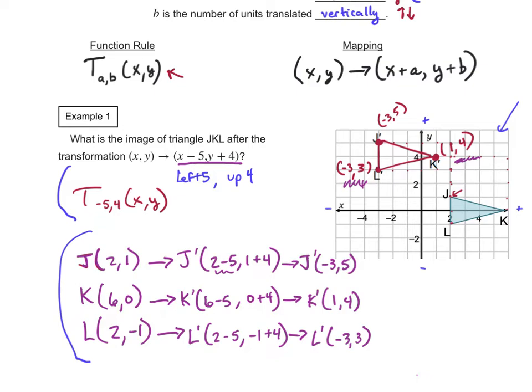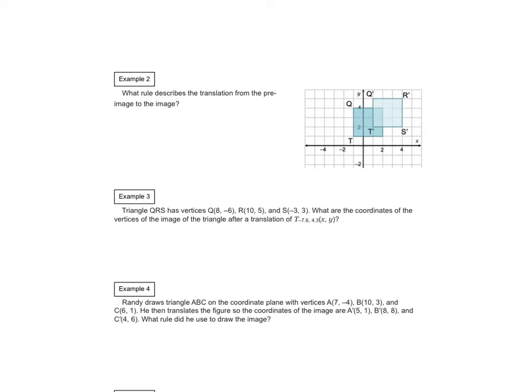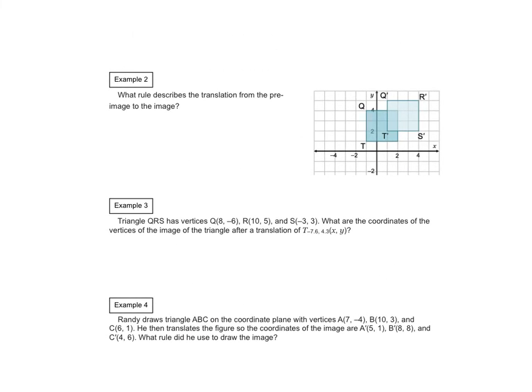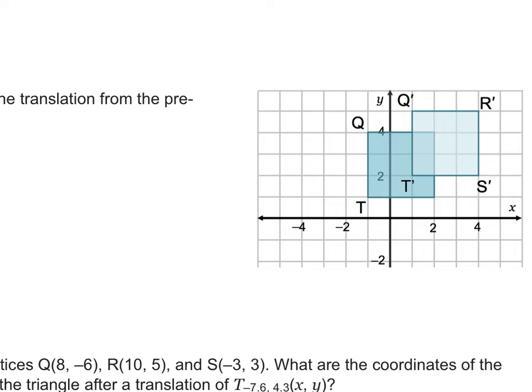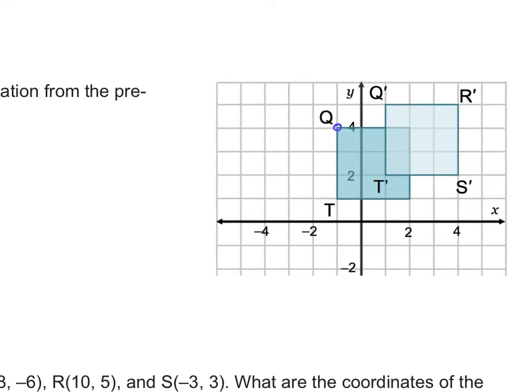So moving on. What rule describes the translation from the pre-image to the image? Now, everything is moved the same amount, so I only need to find one point and I can calculate that. If I look on the graph right here, it looks like we have traveled to get to Q prime.